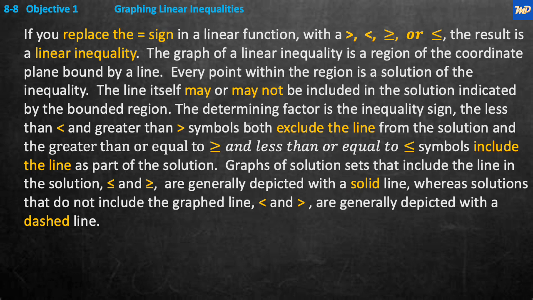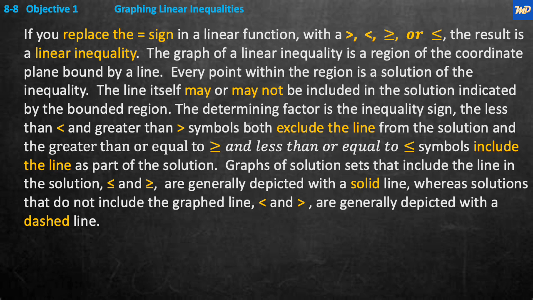The determining factor is the inequality sign. The less than and the greater than symbols both exclude the line from the solutions, and the greater than or equal to and the less than or equal to symbols include the line as part of the solution.